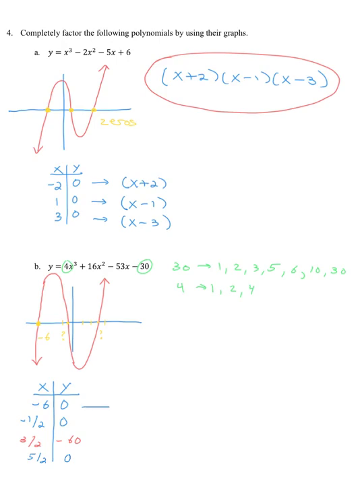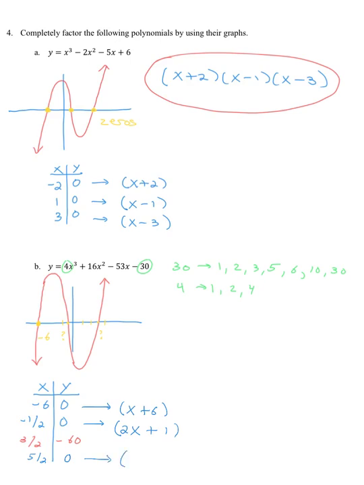So at this point, I know the factors. It's got to be x plus 6, because negative 6 makes it 0. For this one, I have to be a little bit clever. It's got to be plus, and a 1 is going to go at the end, but I put the denominator, the 2, in front of the x. Negative 1/2 makes that factor 0.